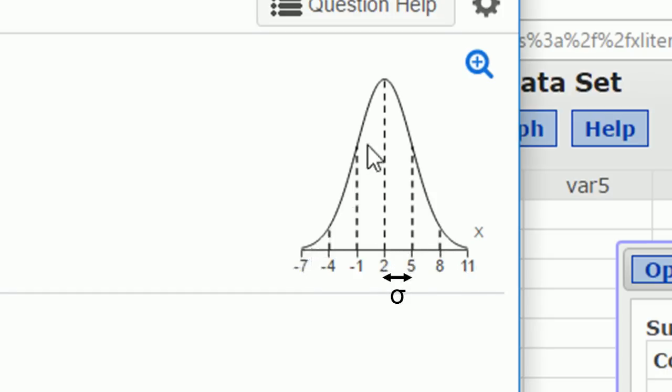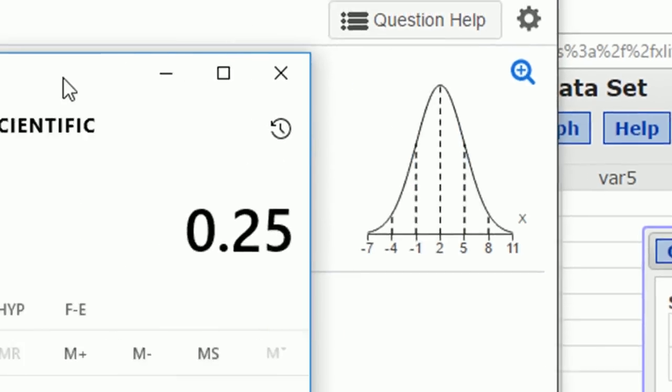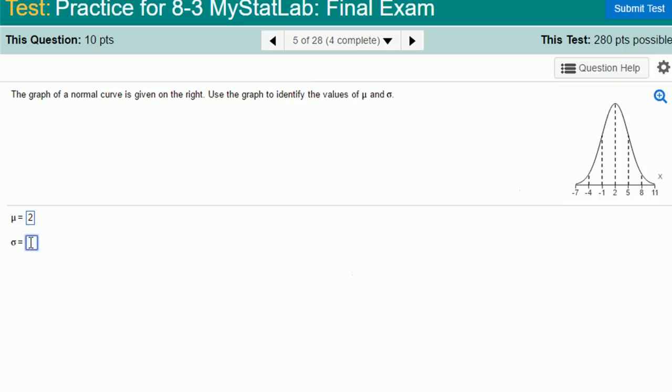You can see when the curve gets just about down to the line, that's 3 standard deviations. So I'm going to just calculate how much is there. One way to do it is to just go one standard deviation, take that difference. It's 5 minus 2. If you can't do that in your head, it's 3. So 3, 3, 3. 3 is a standard deviation.